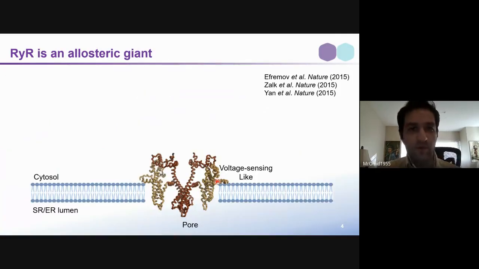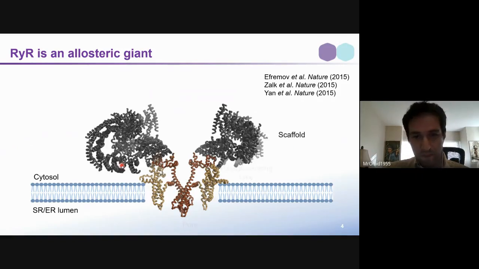But first, I just want to give a very quick overview of the structural makeup of the ryanodine receptor. This is, of course, work by many different groups: Ning Yang, Ruslan, the Columbia group, and Ranzalk here. I'm going to show a dimer. First is the transmembrane region made up of 6 different helices, although we believe there are 8. It also includes something called a voltage-like domain, which is not really a voltage sensing domain, but a pseudo voltage sensing domain.